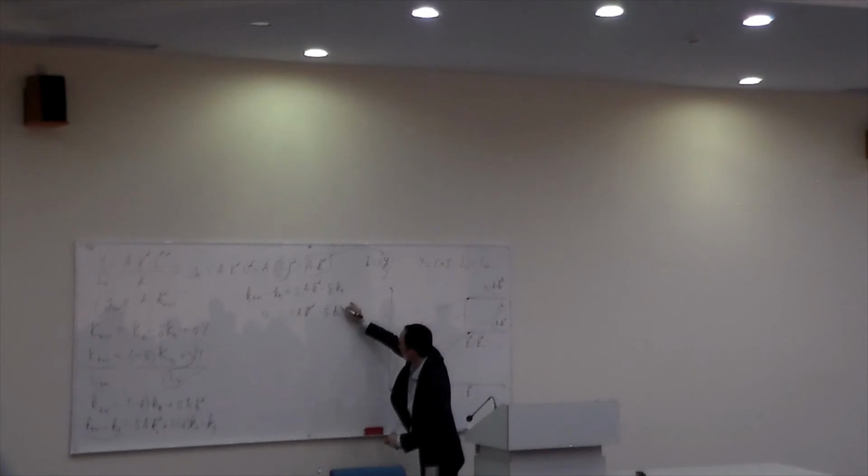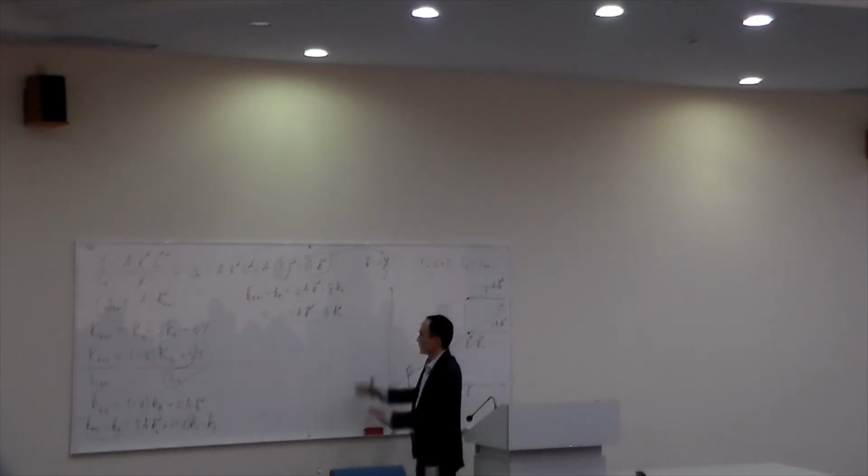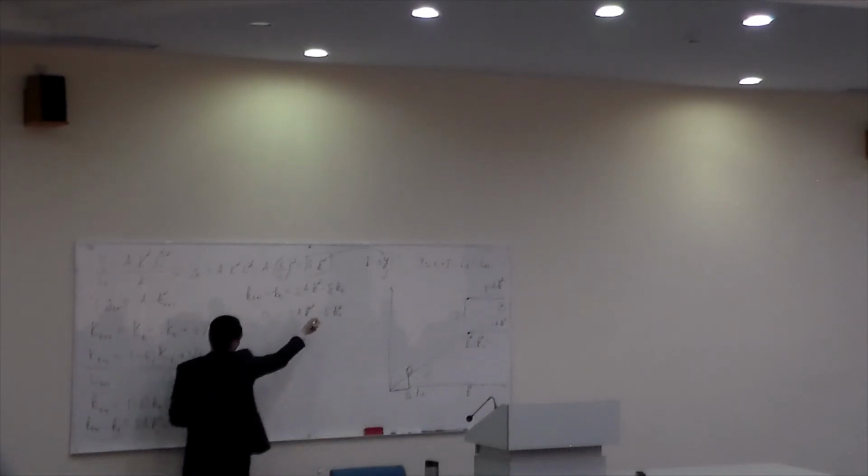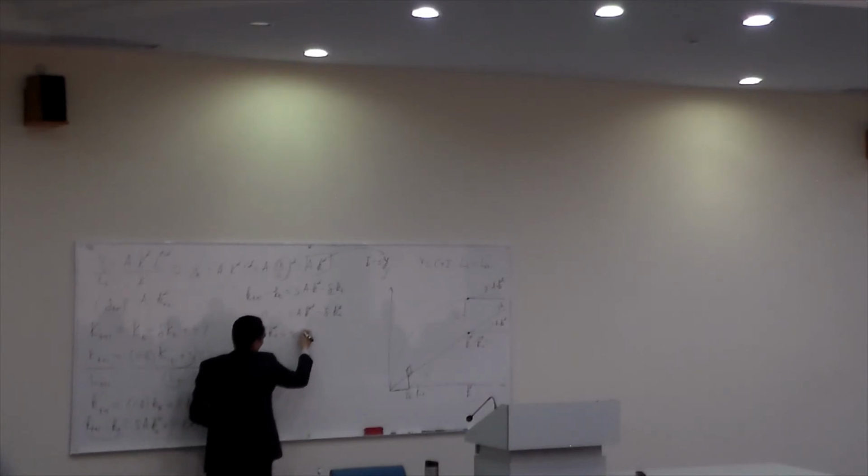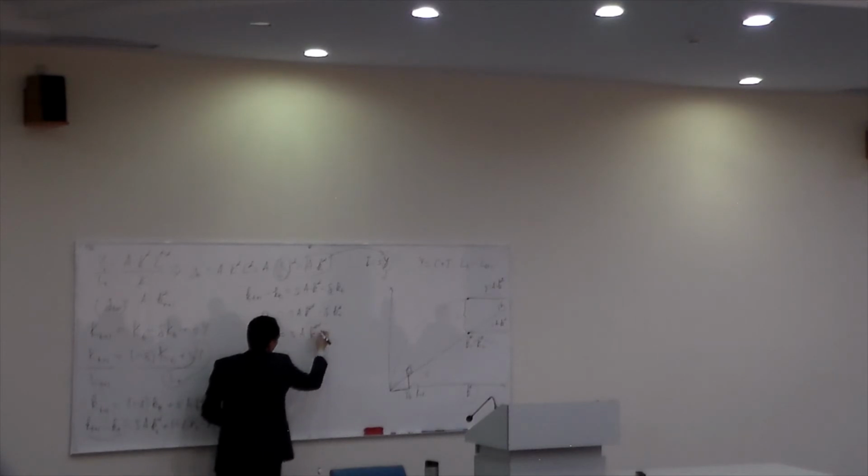So in other words, if you simplify it, delta K star equals saving rate times technology times K star in the power of alpha.